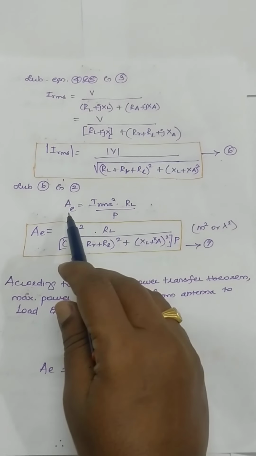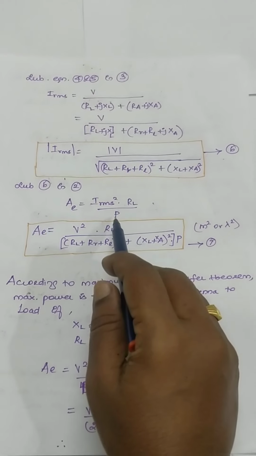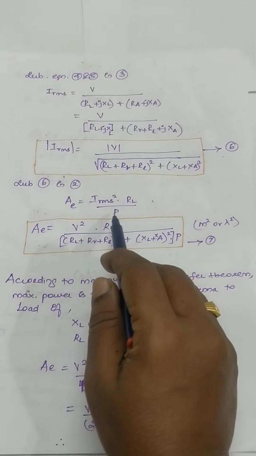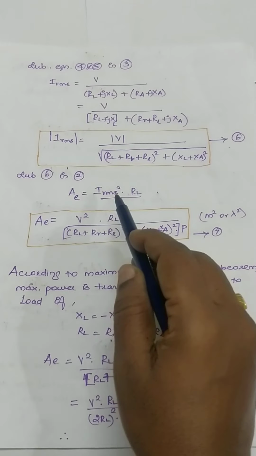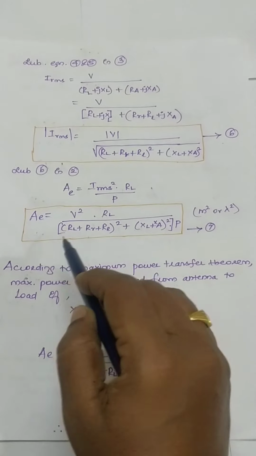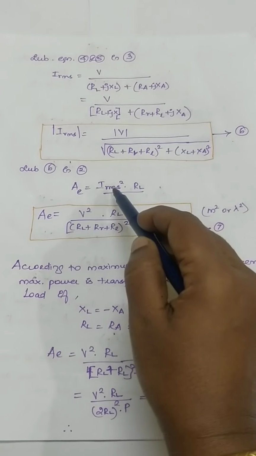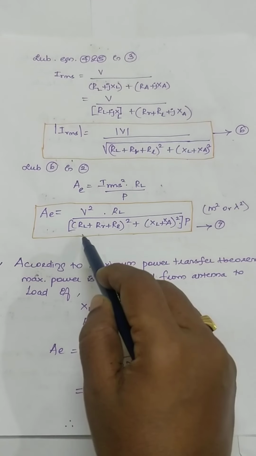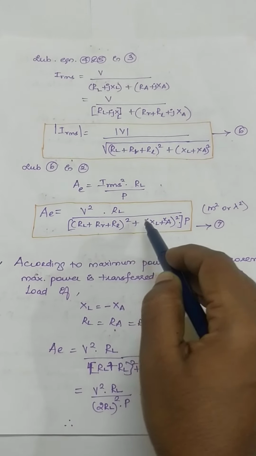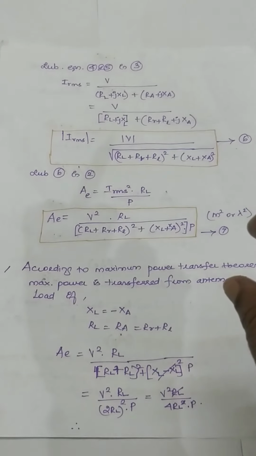We know the basic equation of AE is equal to IRMS square into RL divided by P, which is equation number 2. So after finding the IRMS value, I am substituting it in the equation for AE to get the final expression of AE equal to V square into RL divided by RL plus RR plus RL the whole square plus XL plus XA the whole square, into P. This is the final equation.